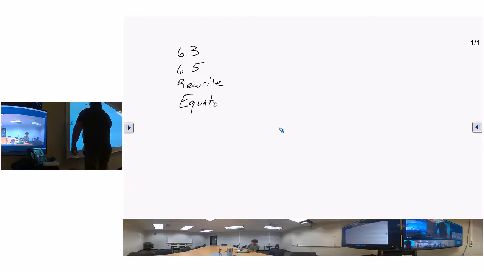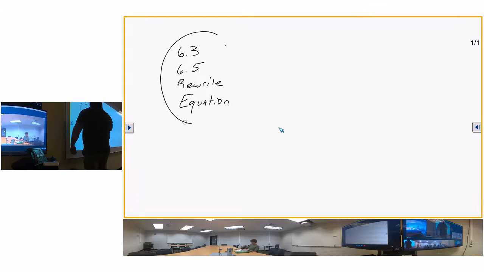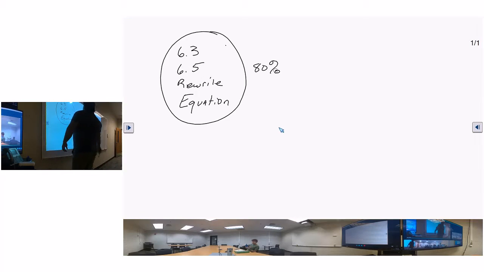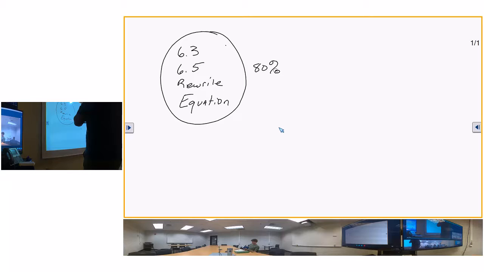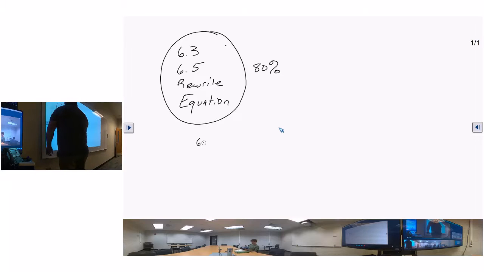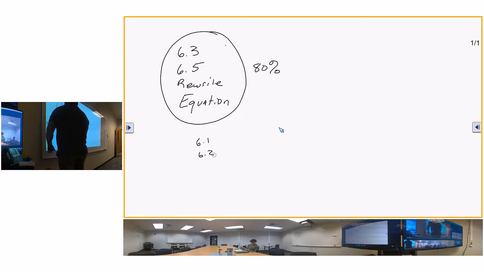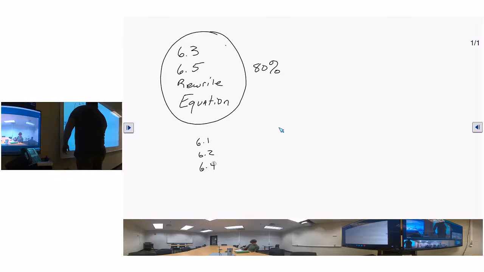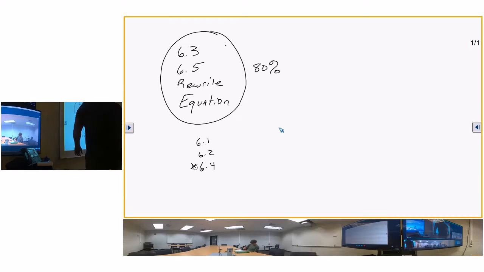That's the 4 homeworks that's going to make up what percent? 70 to 80%. The rest of the sections, 6.1, 6.2, 6.4, that's the one we went over today.